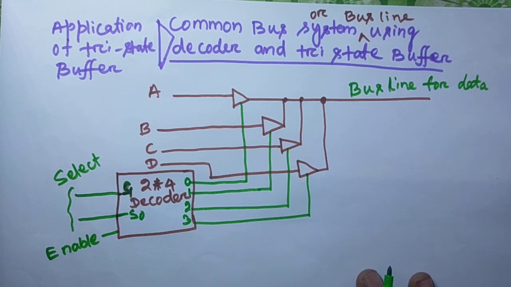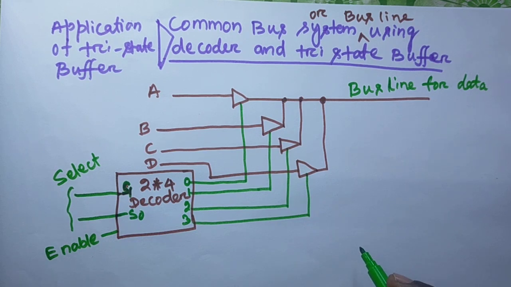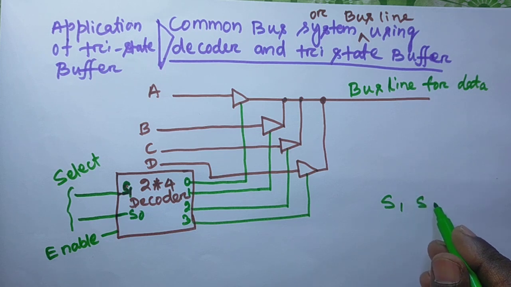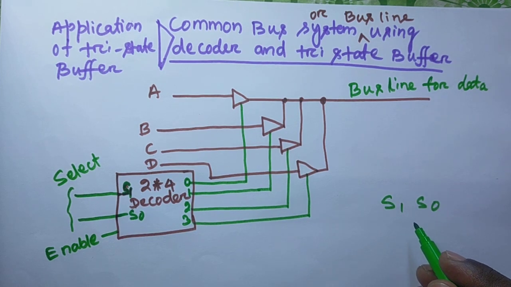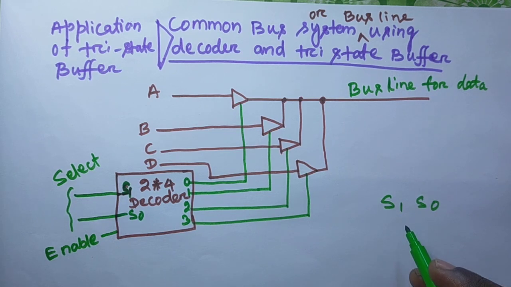Okay, so here the question is everything is connected, but how will it work? For example, very simple, suppose we consider here S1 and S0, then the value can be considered as, we have already discussed, some truth table or functional table based on different selection.